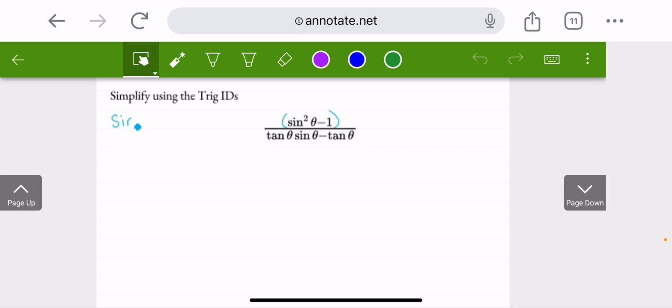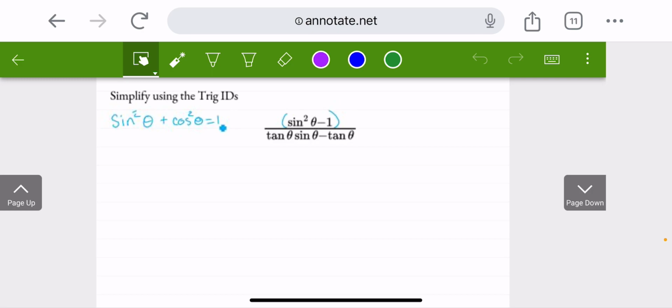So our sine squared theta plus cosine squared theta equals 1. But I want it to be sine squared minus 1. So what do we need to do? Subtract sine squared theta from each side.